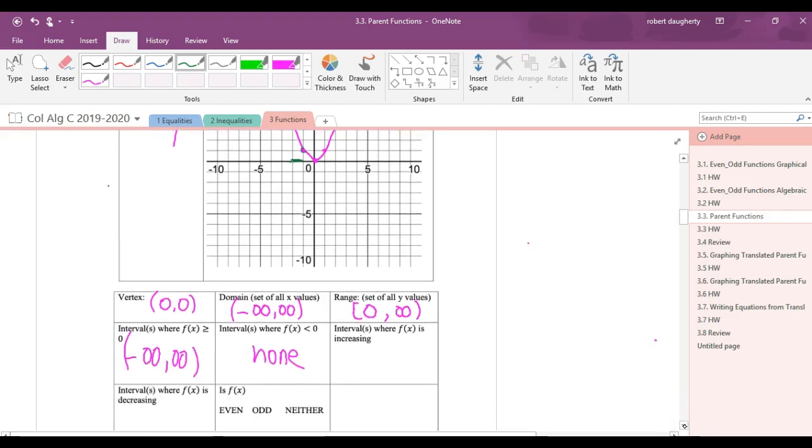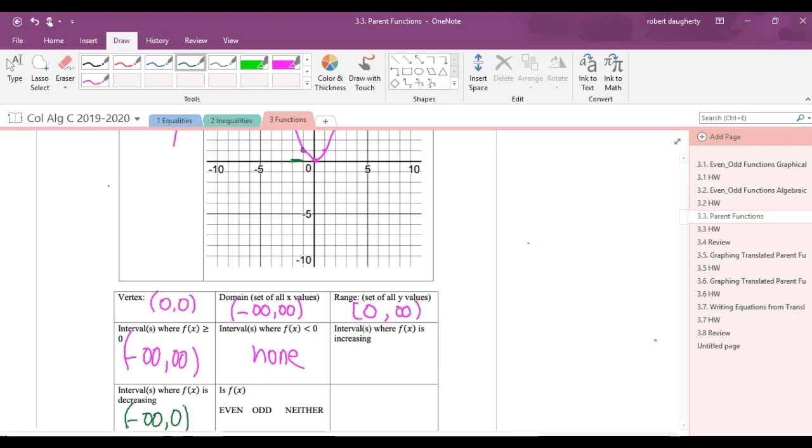Your increase and decrease intervals will always use parentheses, because it's decreasing over an interval. It doesn't make sense to ask whether it's decreasing at a point. At a point, there's no movement happening. So when you look at an interval for increase or decrease, it is always parentheses, never square brackets.